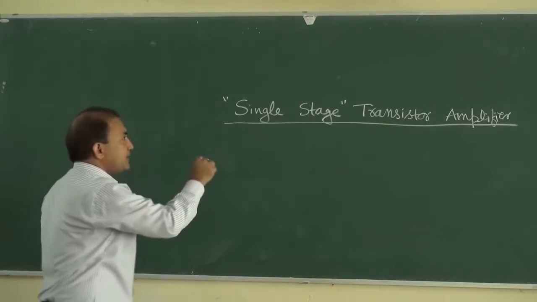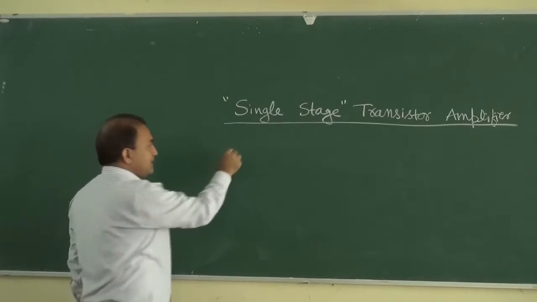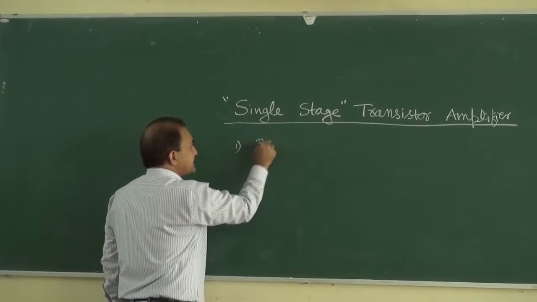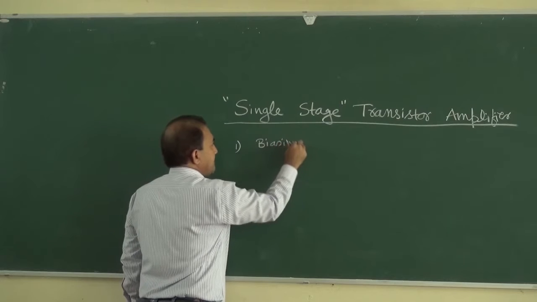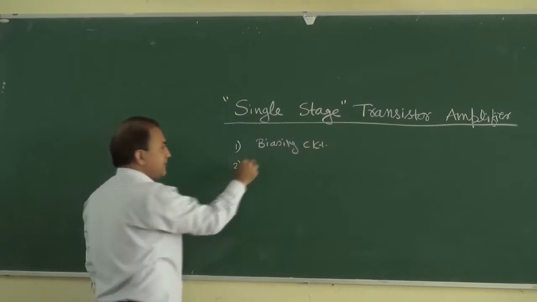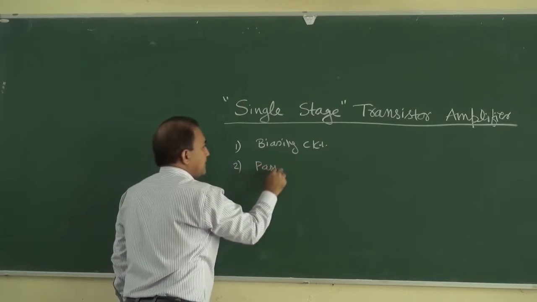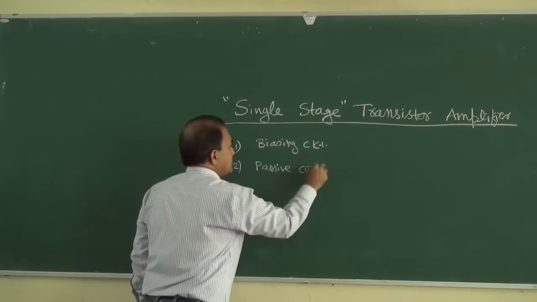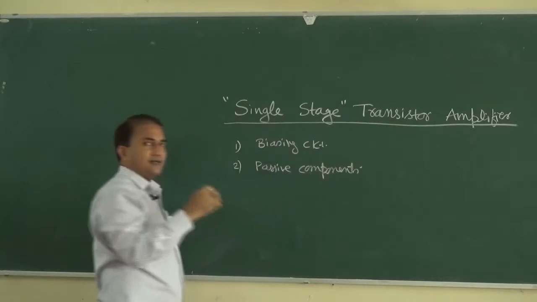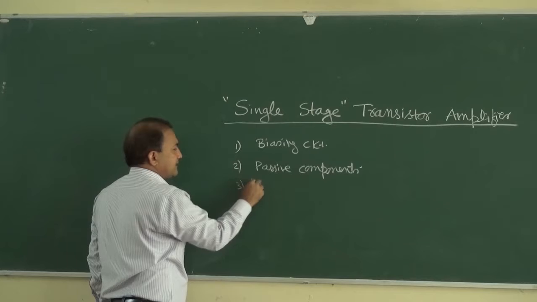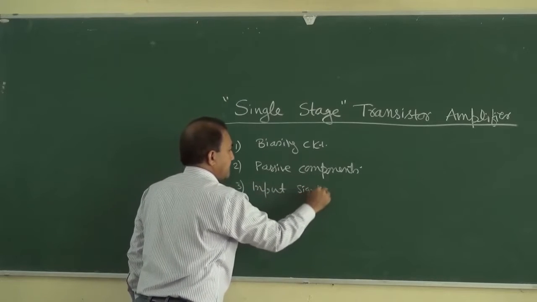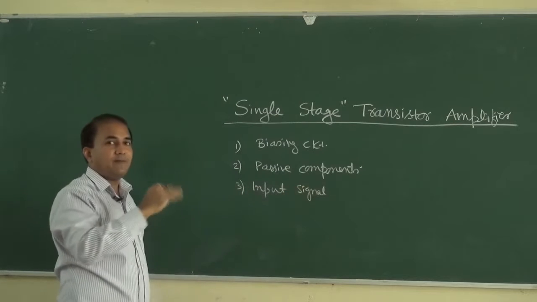Okay, so in any amplifier circuit, what are the things that are required? First is biasing circuit, then some passive components, okay, and the input signal that we want to amplify.